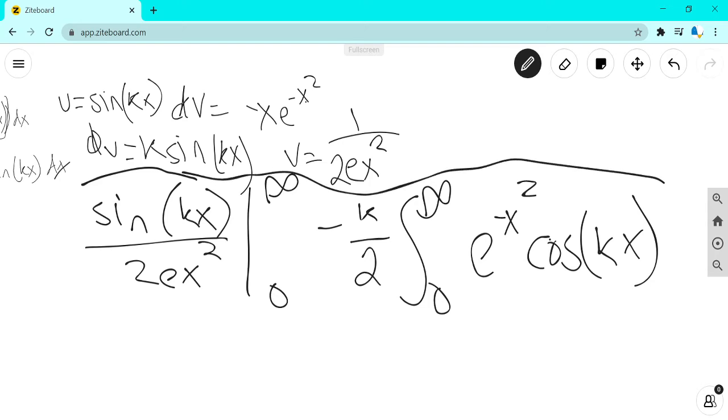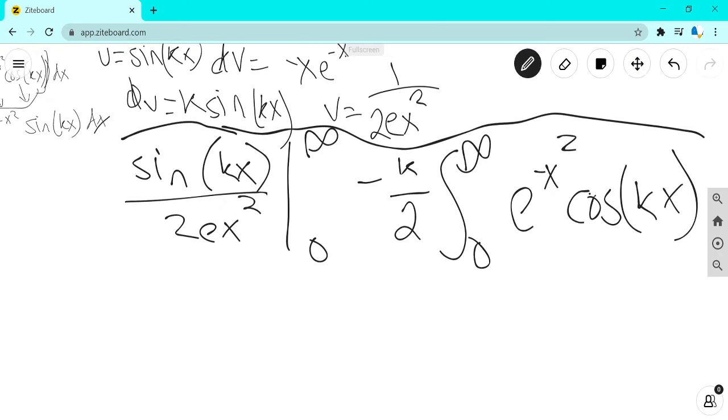Using this, we can find the boundary term because we have a definite integral over here. If we put infinity into this as x, that just comes to 0, because you have a very large denominator and 1 as the numerator, so that's equal to 0.